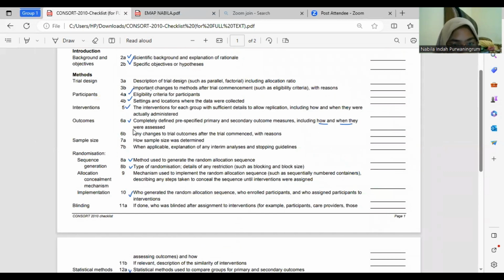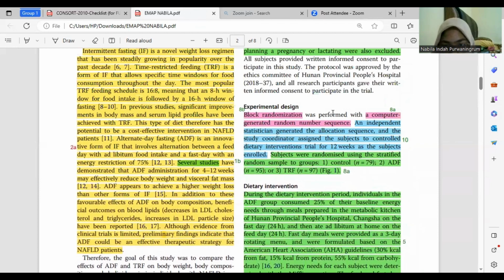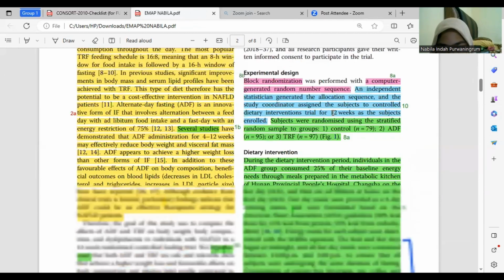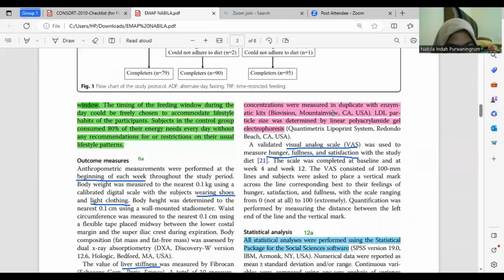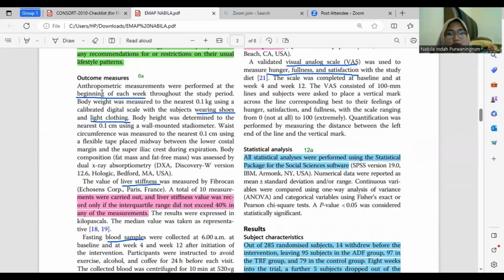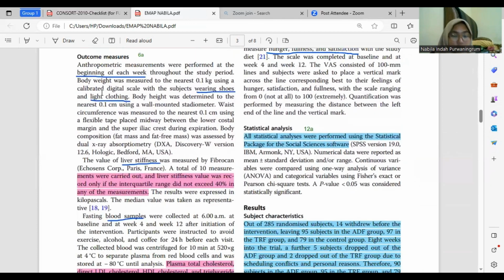Next is the outcome. It's 6A: completely define the pre-specified primary and secondary outcomes, including how and when they were assessed. Okay, this is 6A. Actually, it comes up a lot here, but I will tell you about the measurement. Like all RCTs, they assess response variables or outcomes for which the groups are compared.